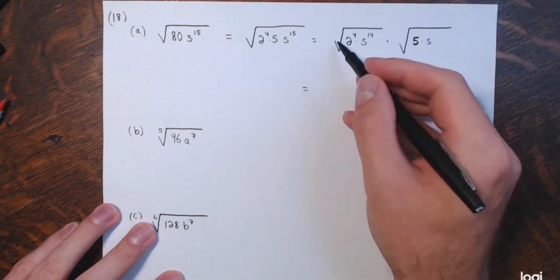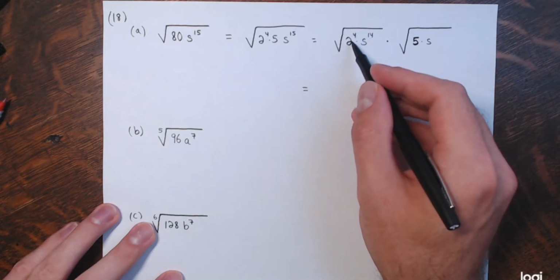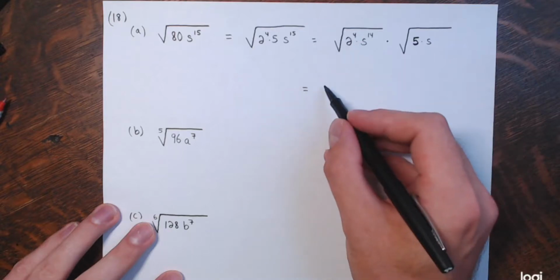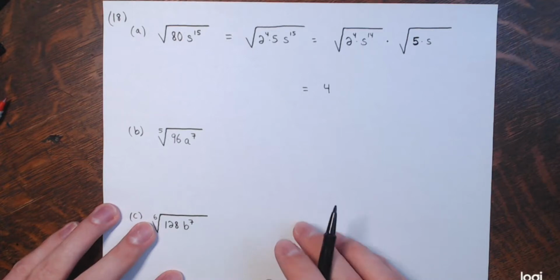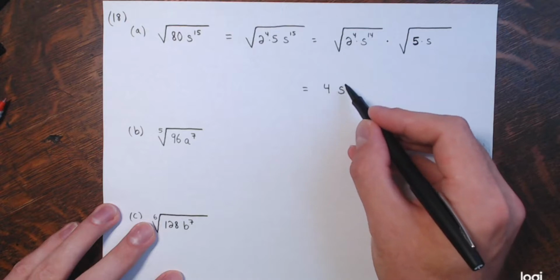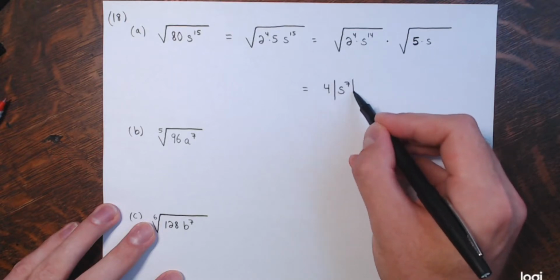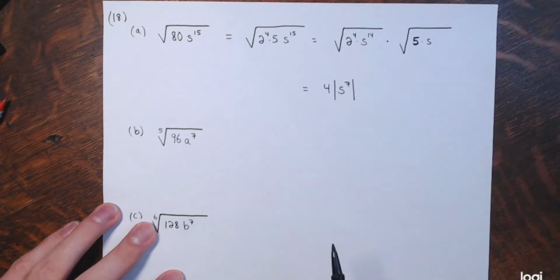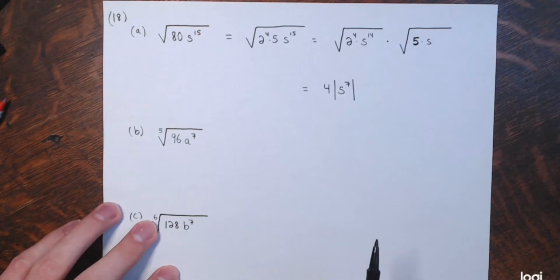Now the square root of 2 to the 4th. Now 2 to the 4th is 2 squared squared. So this would be 2 squared or 4. And it doesn't need absolute value symbols around it. The square root of s to the 14th would be s to the 7th, and that needs absolute values around it because, you know, s to an odd power could be negative, and I don't want it to be with these even roots.